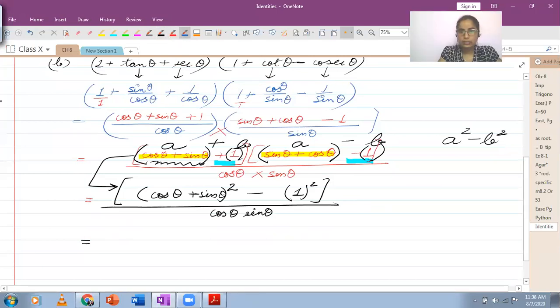Any questions still here? So let's just apply the identity A plus B whole square. Expand this whole square. You have cos square, A square plus B square plus 2AB.